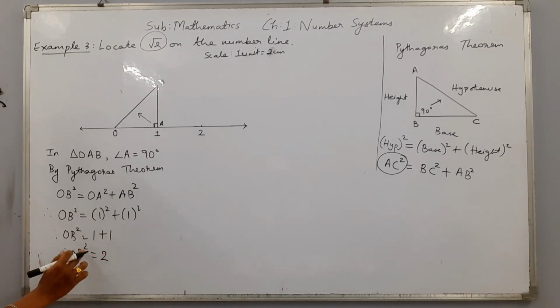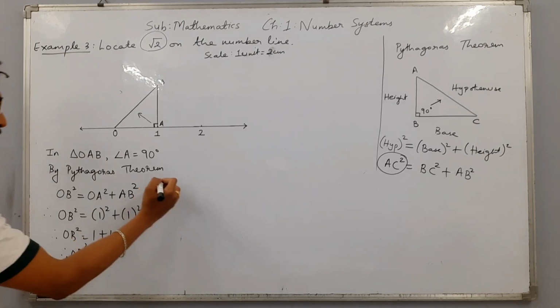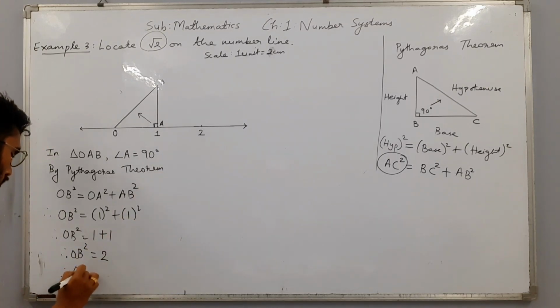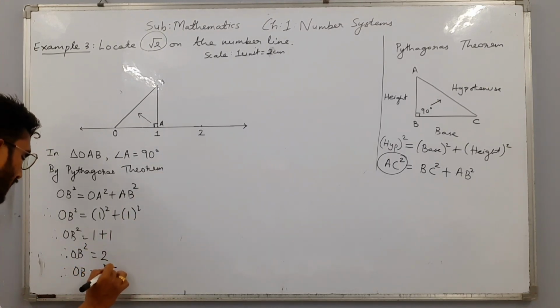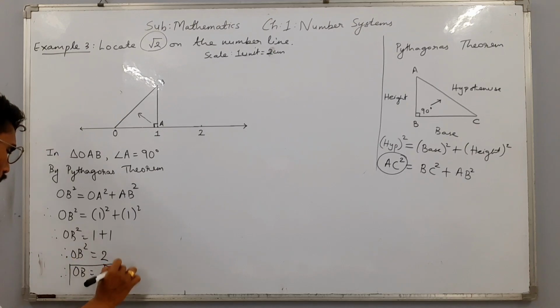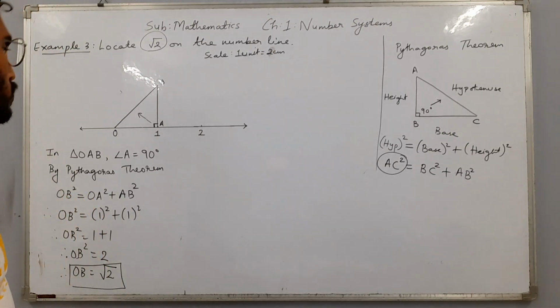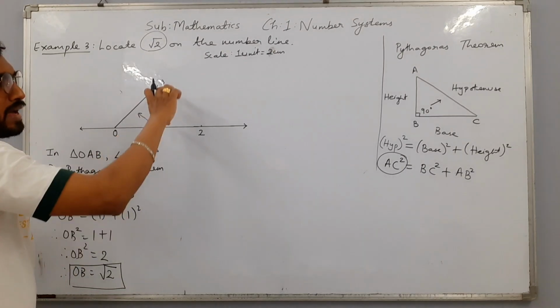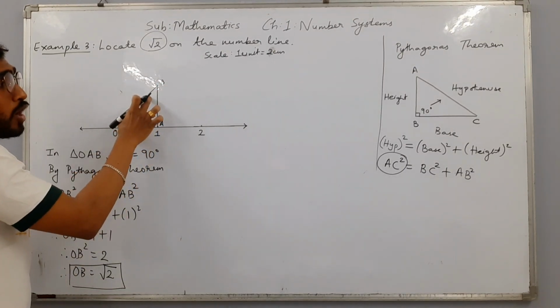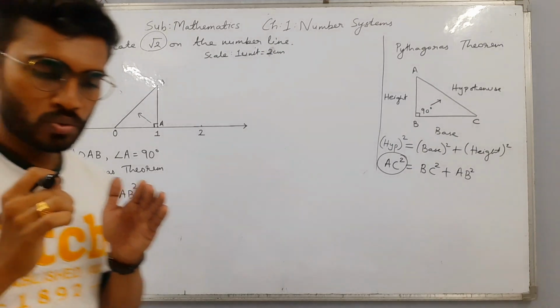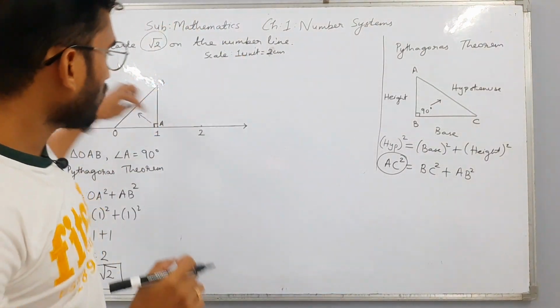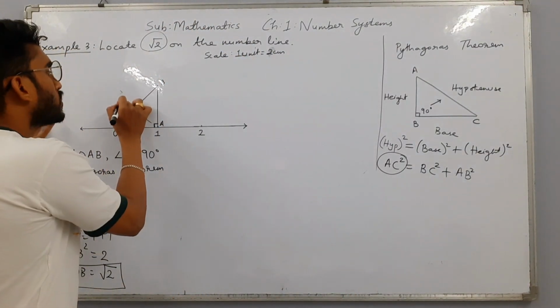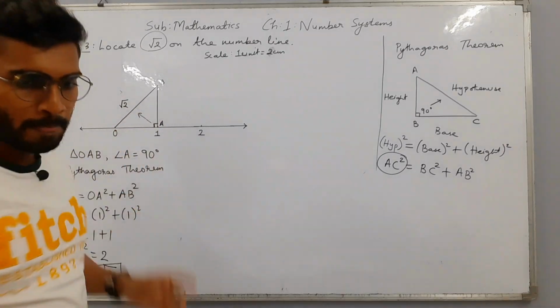And now to remove this square from OB, I will take the square root on the right side. As a result, I will get OB equals root 2. So this was your 1 unit, and I got OB equal to root 2. The length from O to B is how much? It is root 2 units.